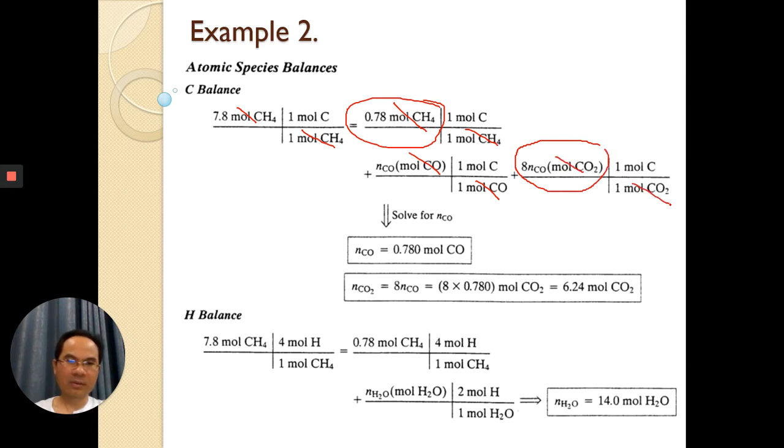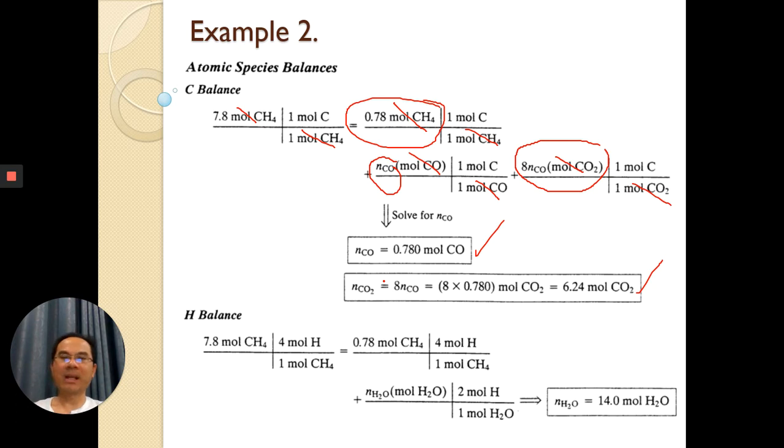Mole CO2 cancels, you get mole carbon. For this case, you can solve for NCO, which is one unknown. NCO equals 0.78 mole CO. And also you can solve for NCO2 because NCO2 equals 8 NCO. From the carbon balance, you can solve NCO and NCO2.